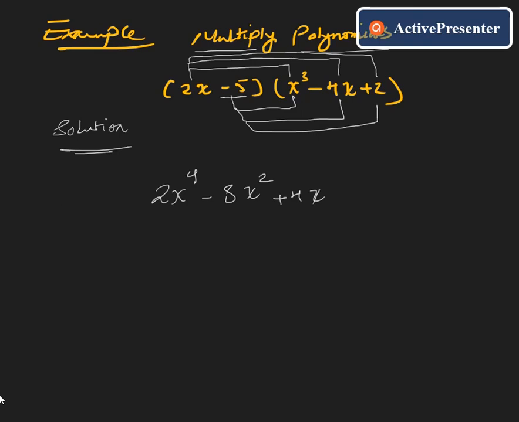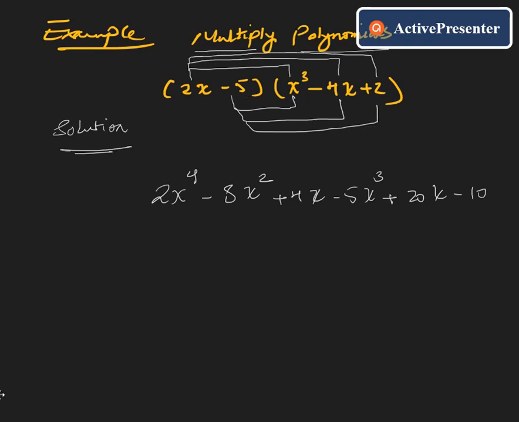What about minus 5? Minus 5 multiplied by x cubed is minus 5x cubed, and minus 5 multiplied by minus 4x is plus 20x, and minus 5 multiplied by plus 2 is minus 10.